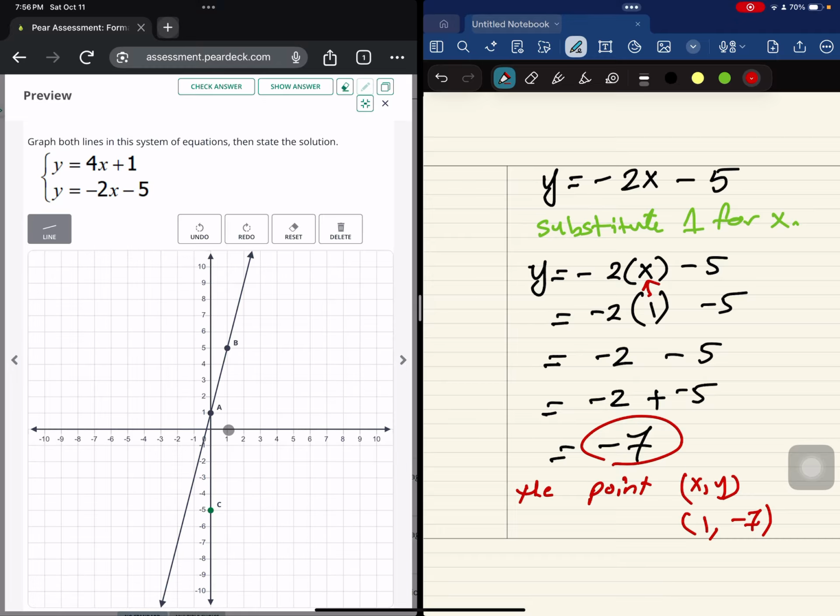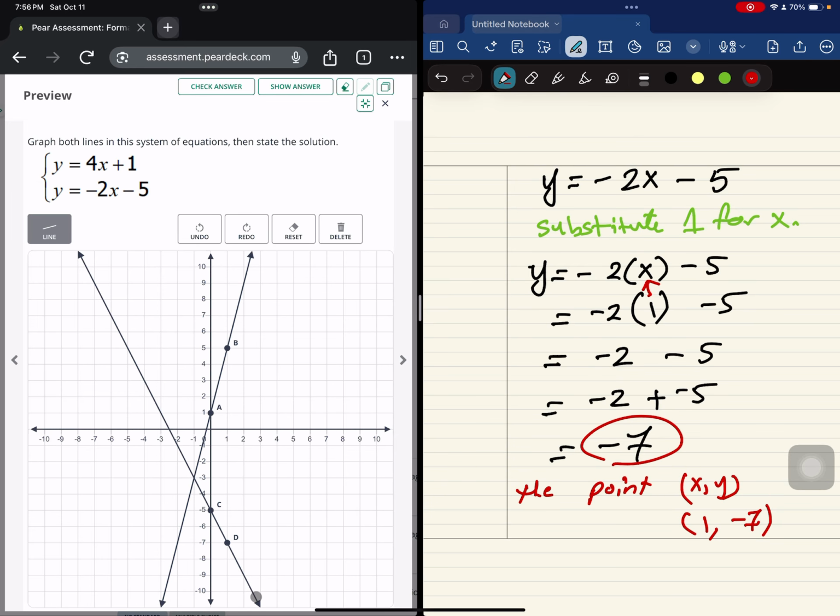So we have x as 1, and we have y as -7, so it will be as follows. Okay, as we see, this is the line that represents the graph.